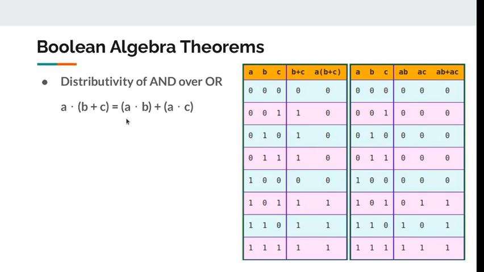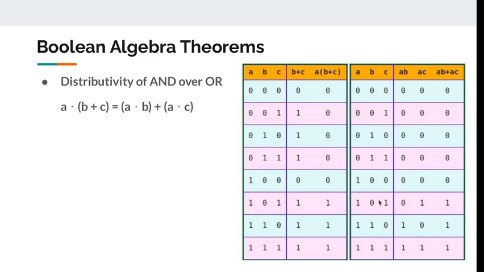And if we look at this side of the equation, we have A and B, which is 0, 0, 0, 0, 0, 0, 1, 1. And A and C, which is 0, 0, 0, 0, 0, 1, 0, 1.